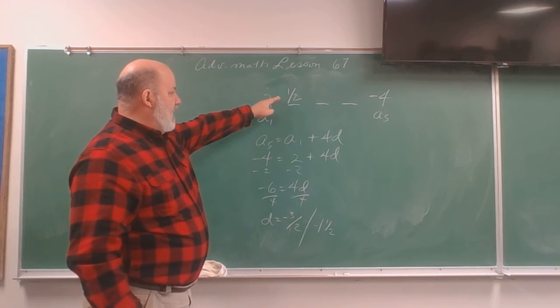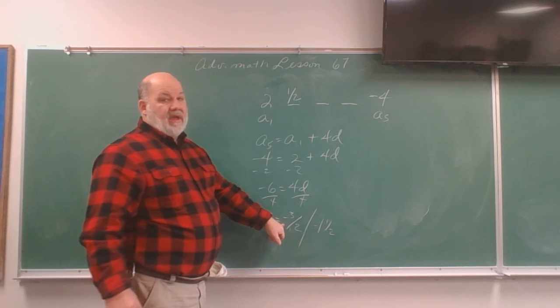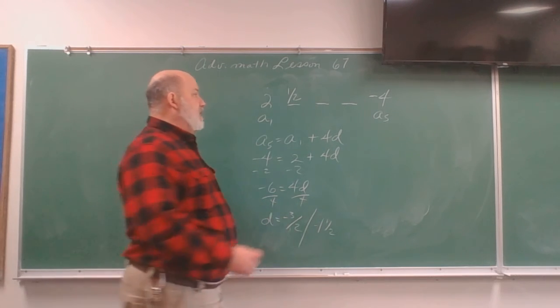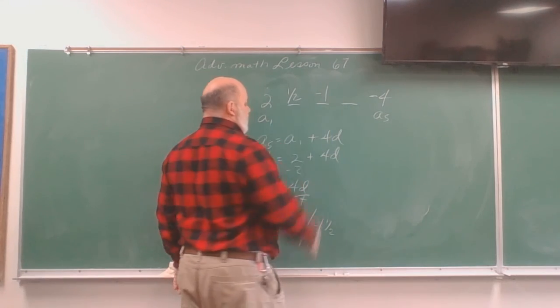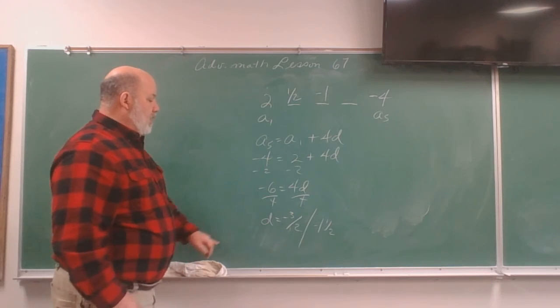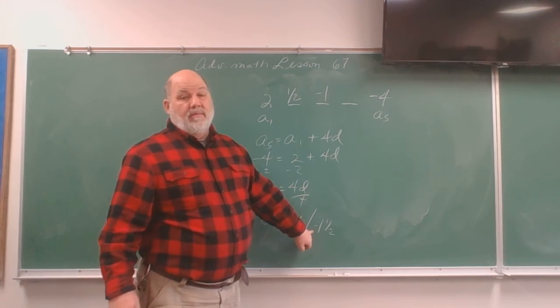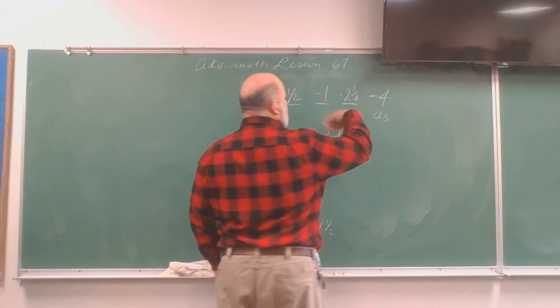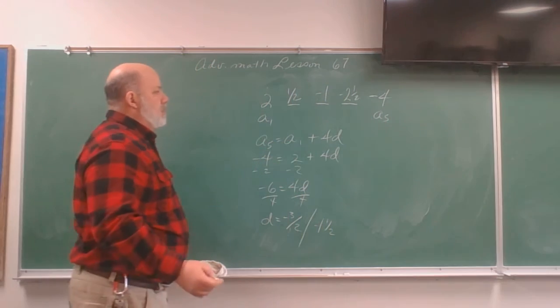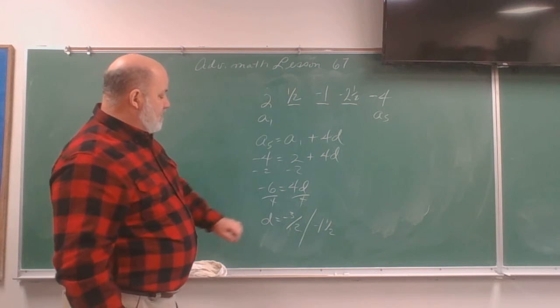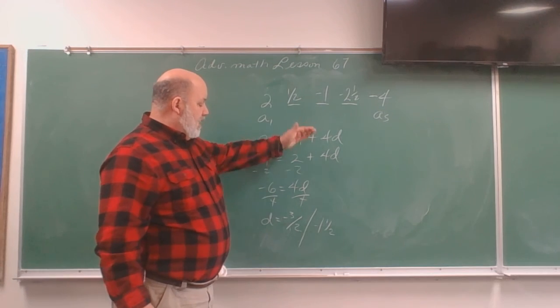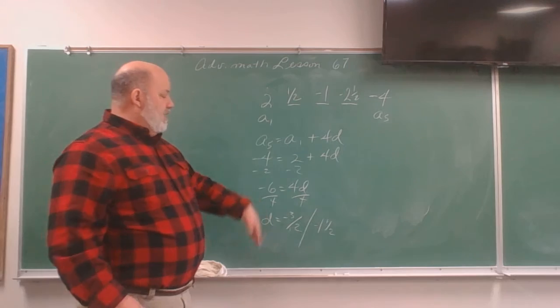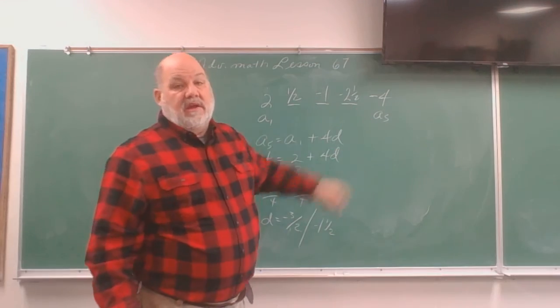What is 1/2 minus 3/2? Well, it gives me -2/2 or -1. What is -1 minus 1.5? That's -2.5, -5/2 if you wish. -5/2 minus 3/2, or -2.5 minus 1.5 gives me -4.